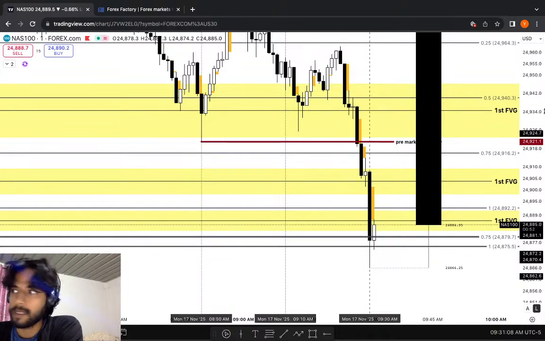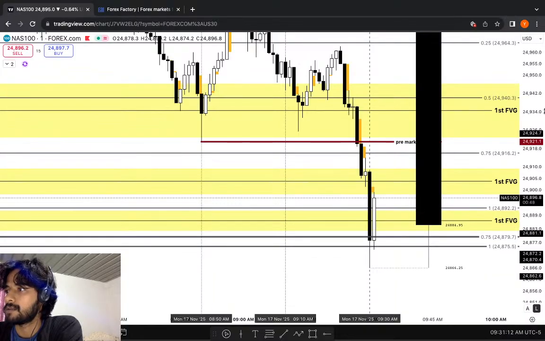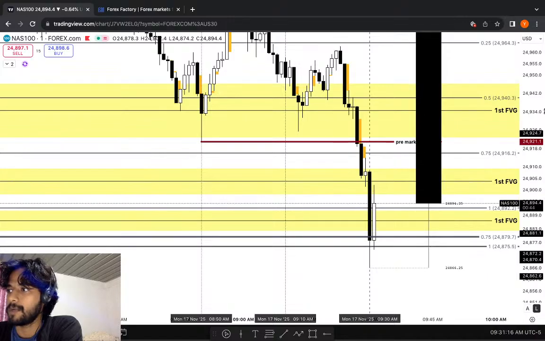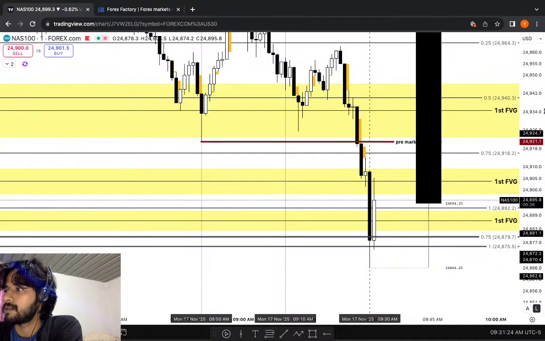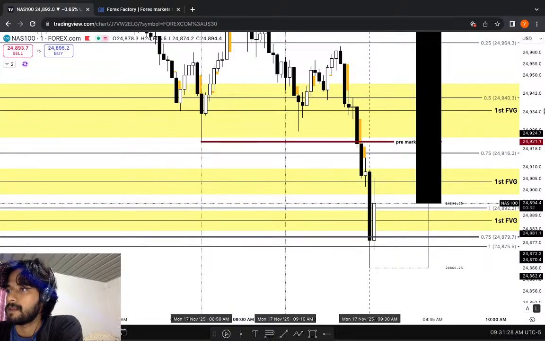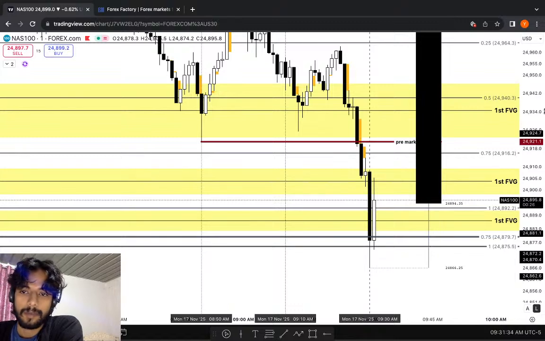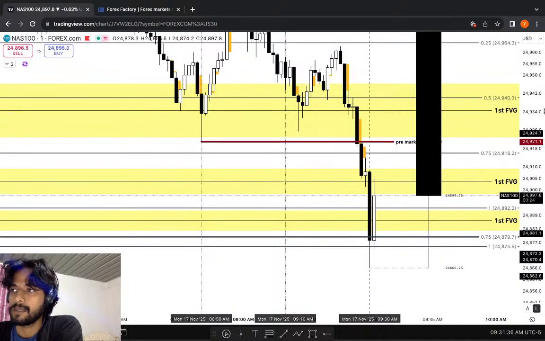Just completely break that candle on the upside. Just like that. Break it on the upside. It should trade above the 930 opening price. That's what I'm looking for it to do. It should try to trade above that. But let's see. Let's see if we can break that 930 opening price.